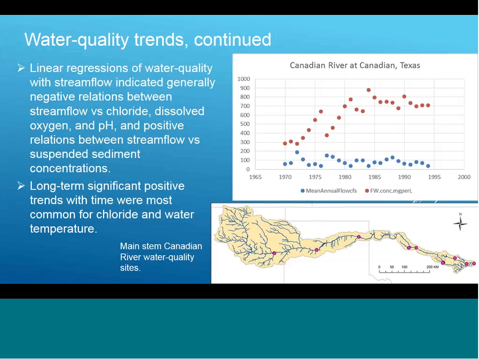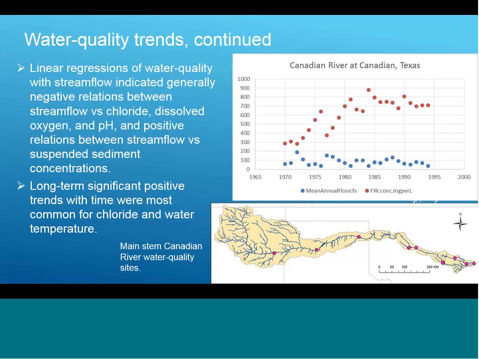The little graph up on the upper right is looking at mean annual flow in CFS near the state border between Texas and Oklahoma. You can see, though I didn't fit a LOWESS line or straight line to that, a slight downward trend. But the red dots being the annual flow-weighted concentrations of chloride, you can see those generally going up during the 70s and 80s, and then kind of leveling off after the early 1980s.